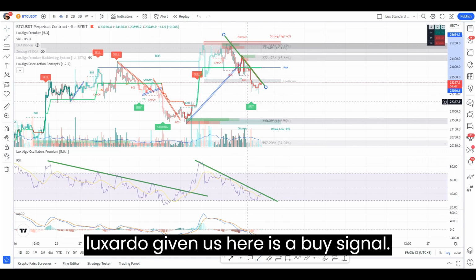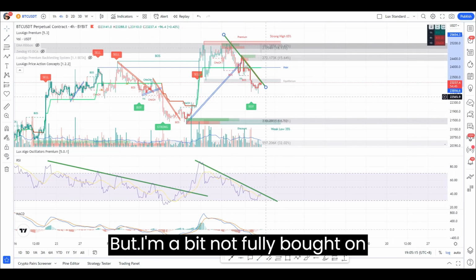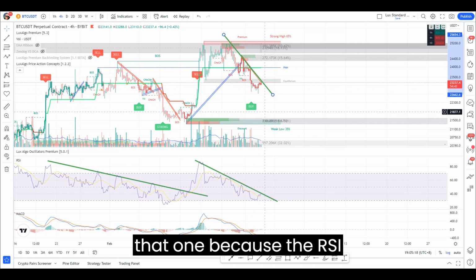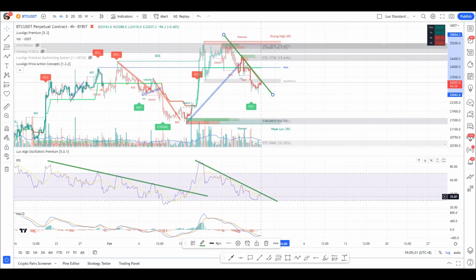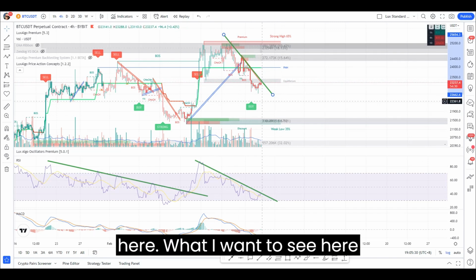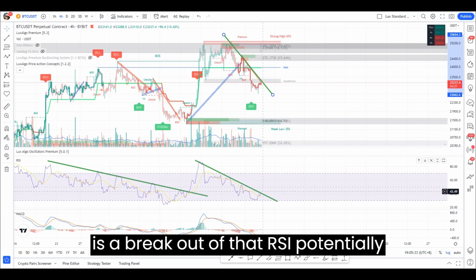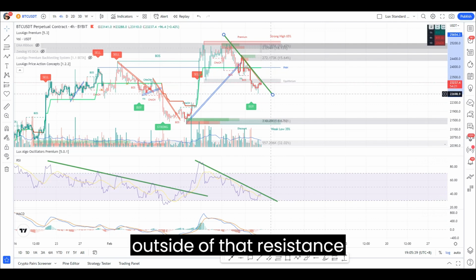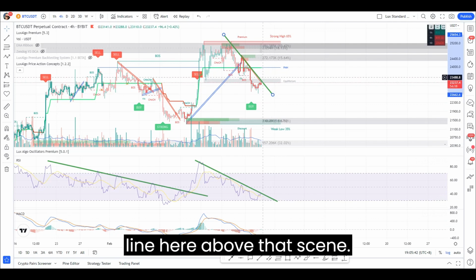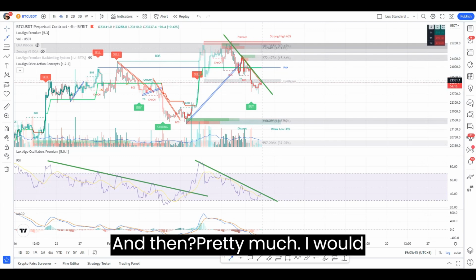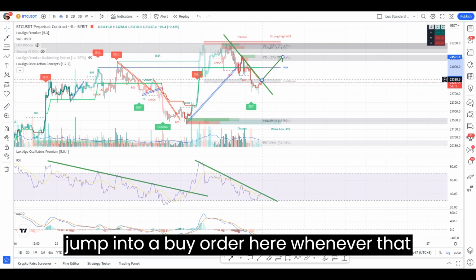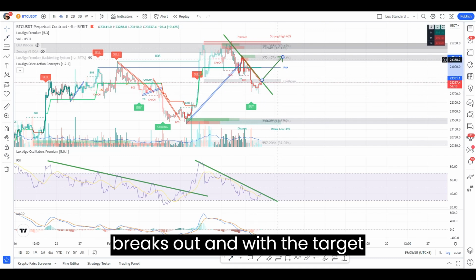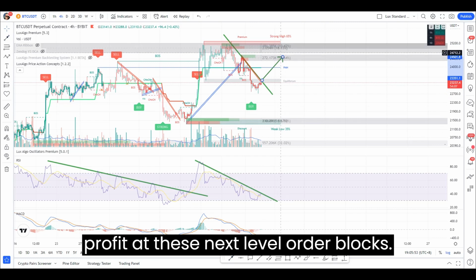Now, what Lux Algo has given us here is a buy signal, but I'm not fully bought into that one because the RSI hasn't really broken out, despite it's gone below that order block here, so it's trapped in here. What I want to see is a breakout of that RSI, potentially a retest, definitely a breakout outside of that resistance line, above that, and then pretty much I would jump into a buy order here whenever that breaks out, with a target profit at these next level order blocks.